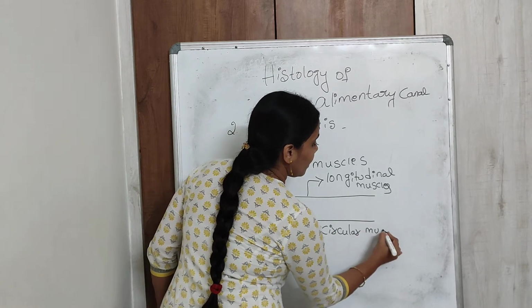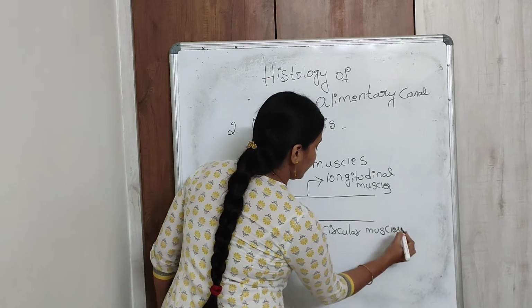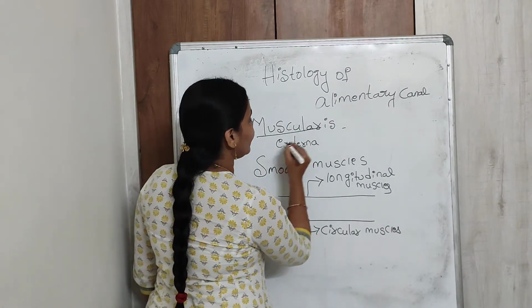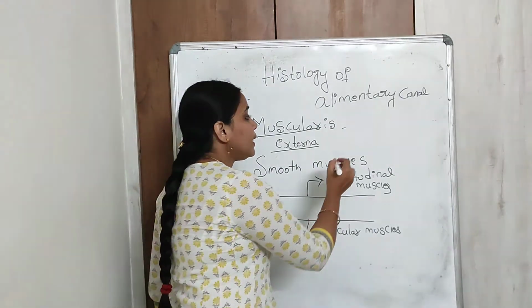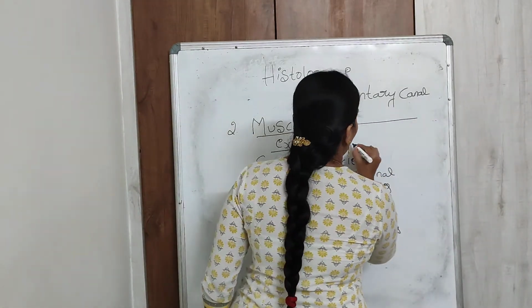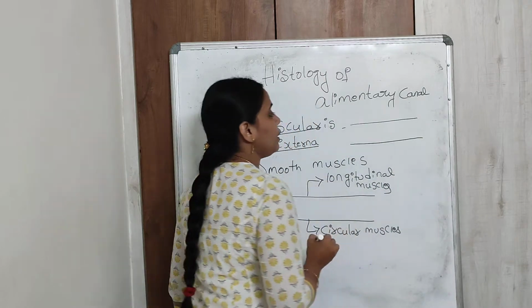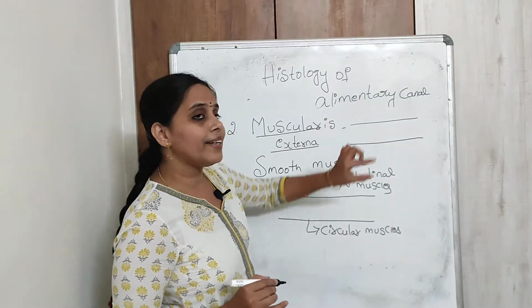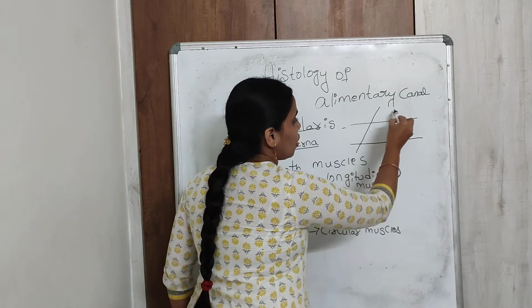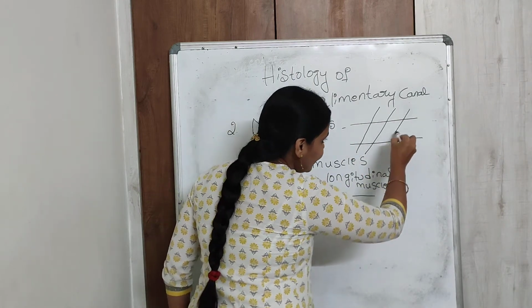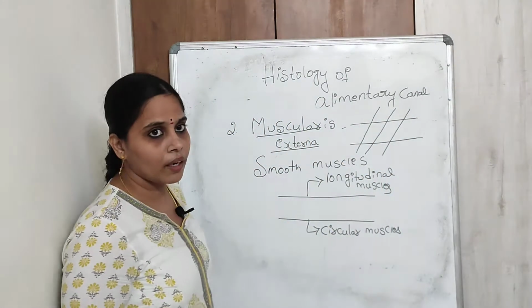And here the important point is this muscularis externa was present inside the stomach also. In case of the stomach, along with the outer layer and inner layer, there were middle muscle layers also present, like this obliquely inside the stomach.